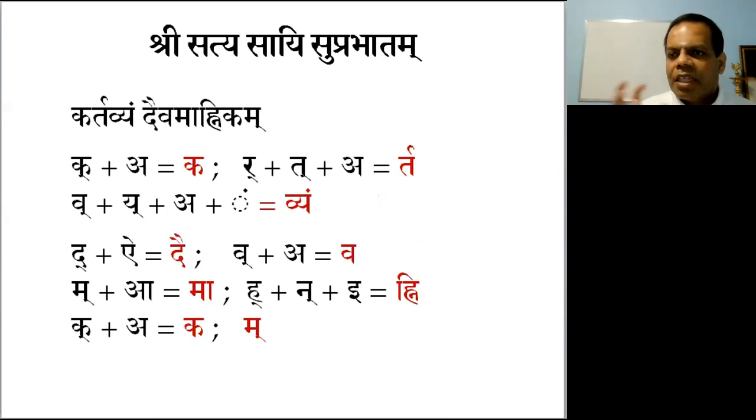The last part, the second half of the second line in the first verse is Kartavyam Daiva Mahnikam. Okay. First word is Kartavyam. We will look at it. The first letter is Ka. Ik plus A gives you Ka. The next one is again a compound consonant. Ir, It, and A gives you Irtha.